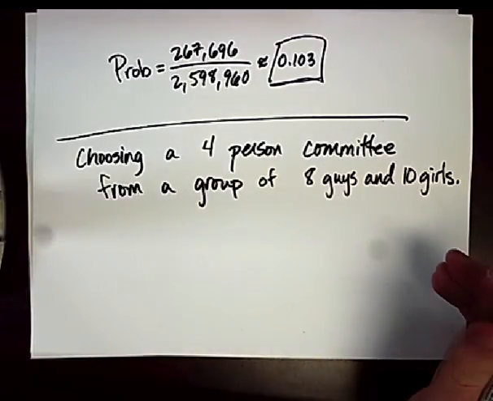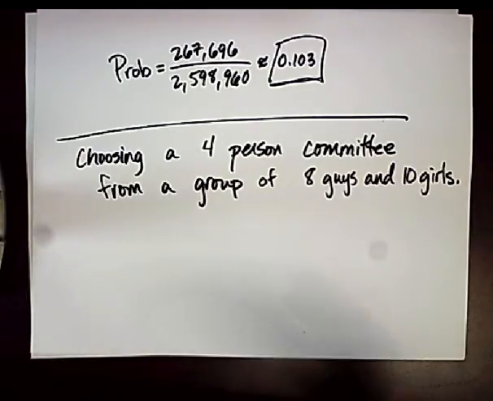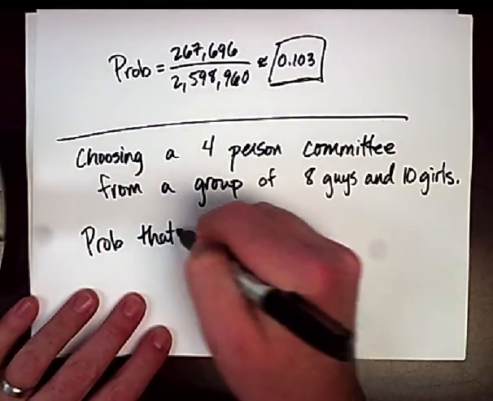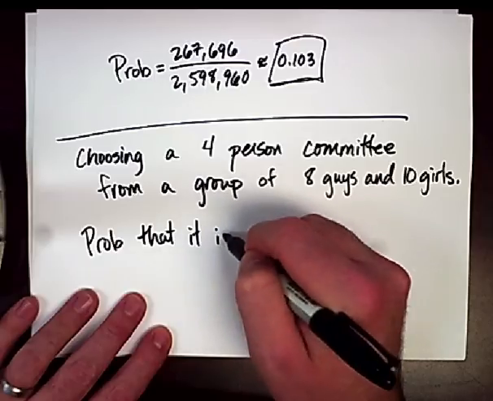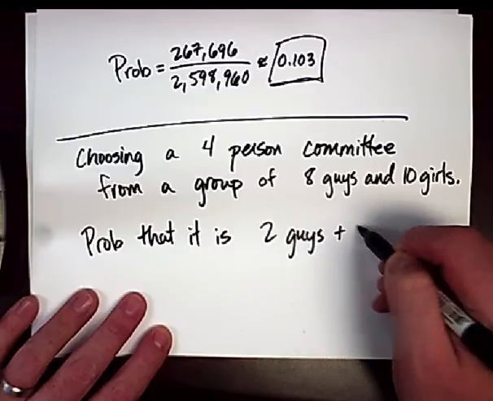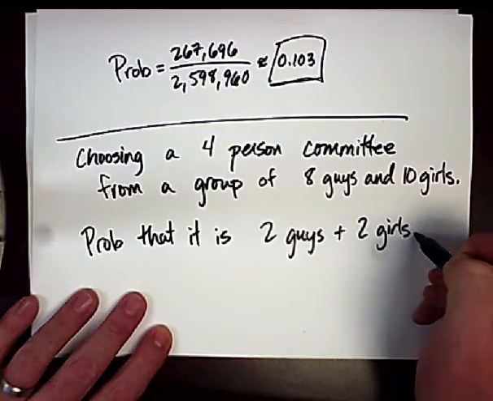And you're just going to choose it at random. You're going to put the names in a hat and draw them out. What is the probability that it is 2 guys and 2 girls?